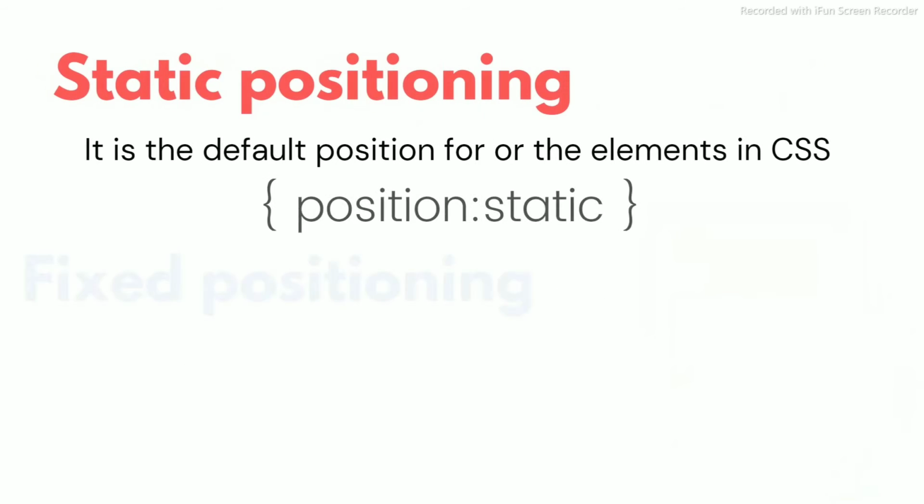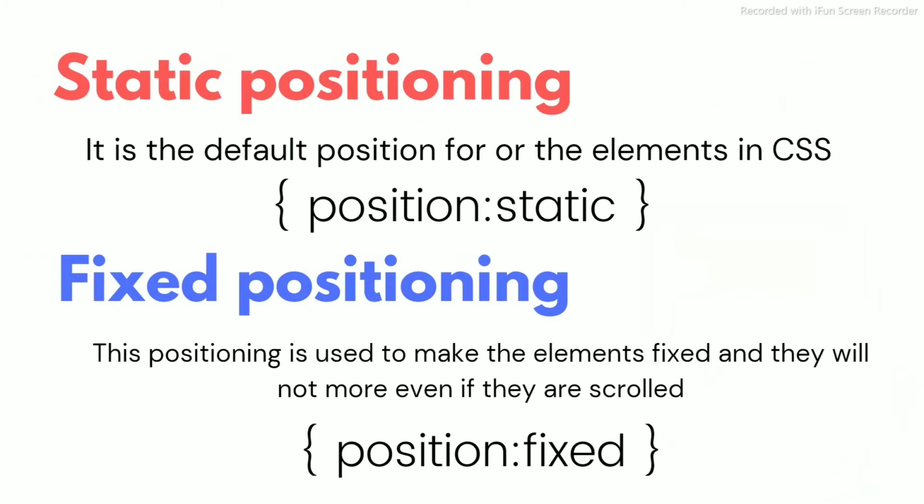Positioning includes static positioning. When I use static positioning, it makes an element static, and it moves until the web browser shows it. It is just like a header used in many websites. We will discuss it.